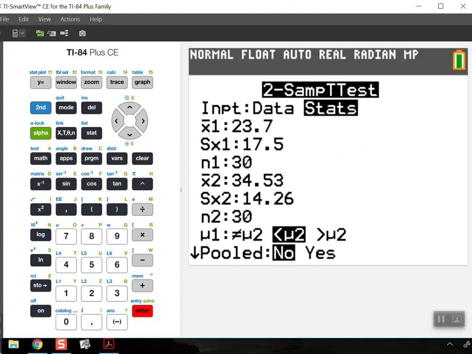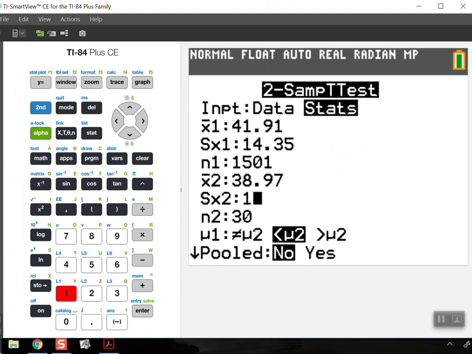if I plug in all my information, so for 2014, my mean is 41.91. Oops. My standard deviation is 14.35, and I had 1501 people. In 1975, my mean is 38.97.